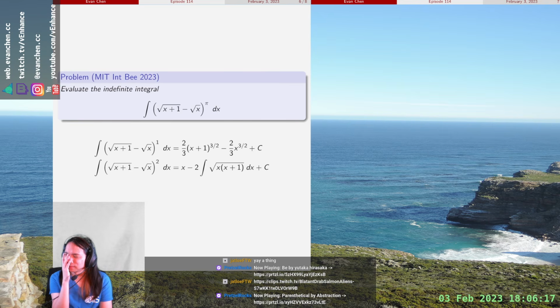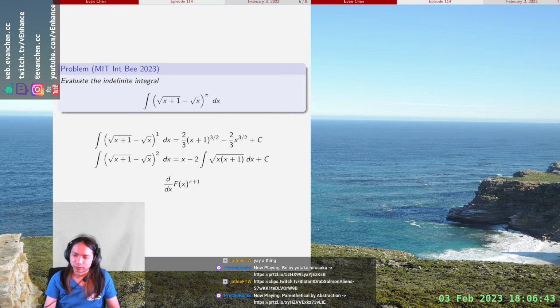So what kind of thing would... In general, if I have some f of x to the pi plus 1 and I differentiate it, I feel like I'm so bad at this that I'm going to end up rederiving the chain rule or something.